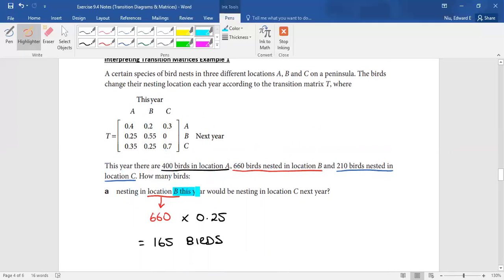B going to C. And what you notice is B going to C is right there, 0.25 or 25% chance that they're going to fly to location C. And so what you do is you take the 660 and you multiply it by the chance of 0.25. And that leaves us with 165 birds flying out of location B to go to location C. And that's how you've applied the transition matrix.